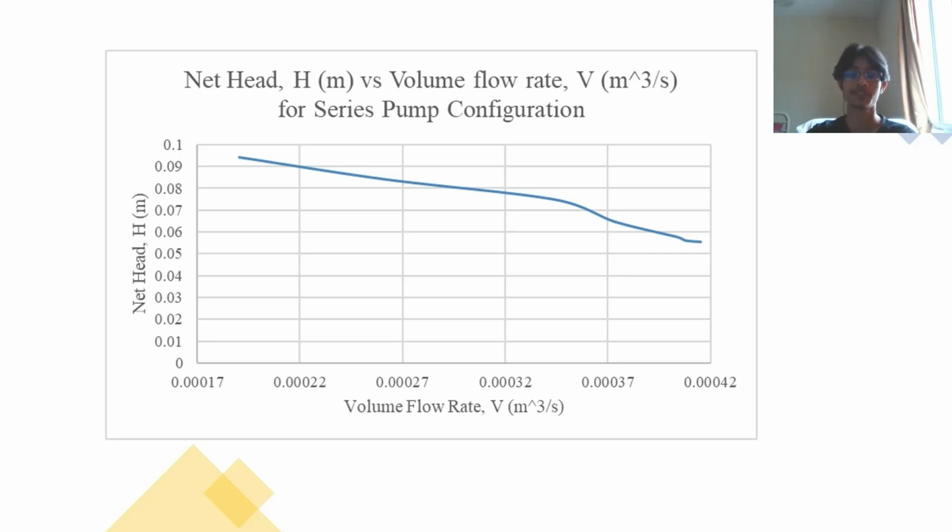As for the series pump configuration, the performance curve shows that as the flow rate increases, the pump head decreases steadily. So the series pump configuration does not have a linear relationship between the pump head height and flow rate.